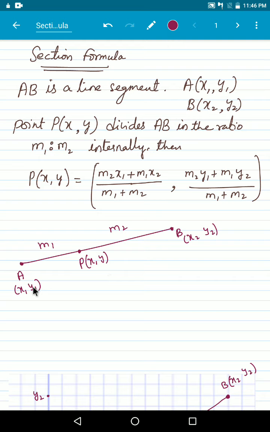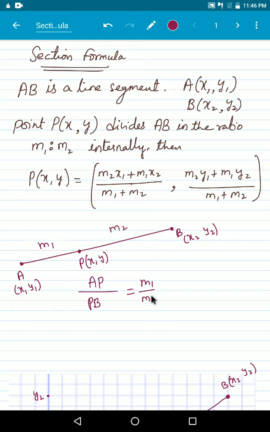See, suppose we find the distance between these 2 points, A and P, let us say it is represented by AP, and we find the distance between these 2 points, P and B, and if we divide those distances, we will get m1 divided by m2. So, we say point P is dividing this line segment in the ratio m1 is to m2.